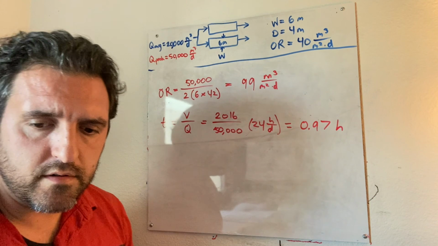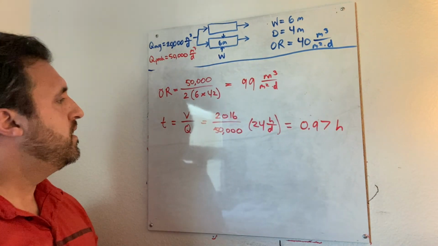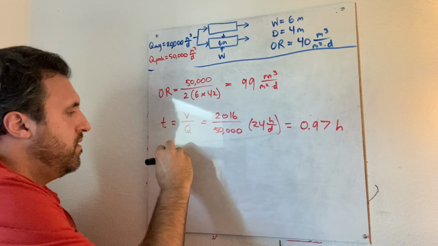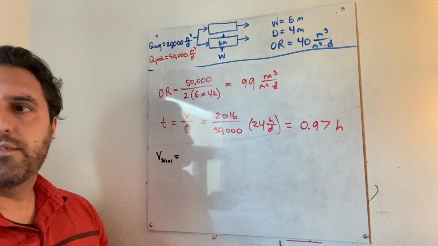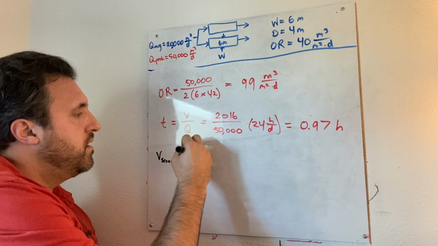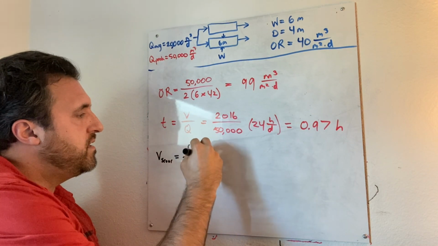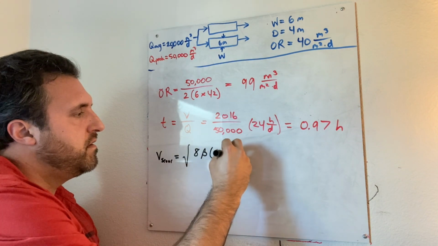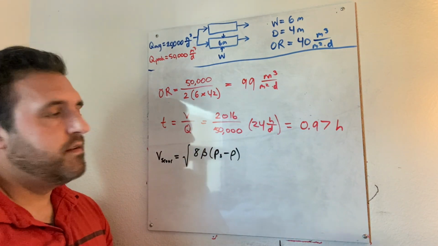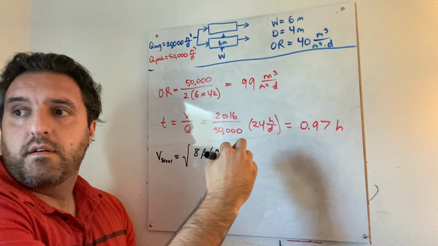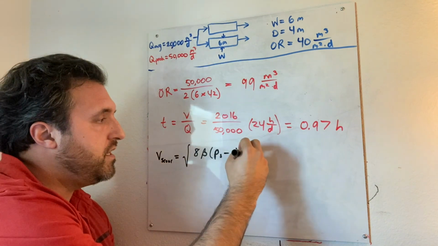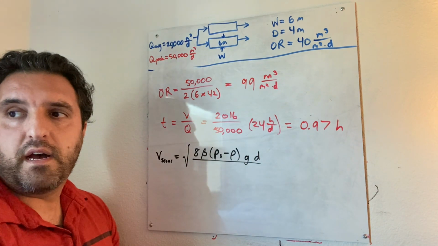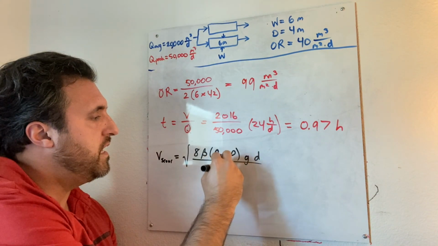All right, so for the scouring velocity equation, V scour is equal to the square root of 8 times beta times the difference in the densities, multiplied by g and the particle diameter, divided by 1000 times f.